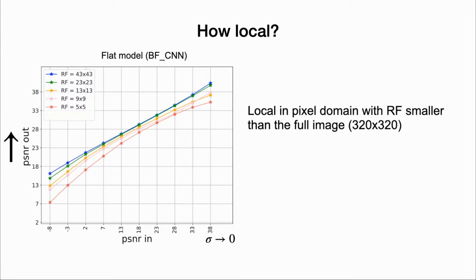The x-axis is the input PSNR, and the y-axis is the output PSNR. The different curves correspond to different locality. As you can see, when you make each one of these conditional models more local, you have a significant drop in your performance.